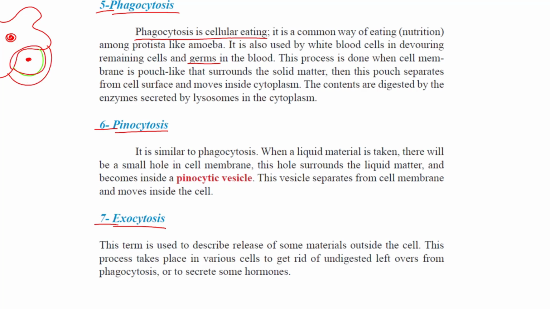Then this part separates from the cell surface and moves inside the cytoplasm, like this, food inside. The contents are digested by the enzymes secreted by lysosome in the cytoplasm. We remember lysosomes contain enzymes whose function is digestion.